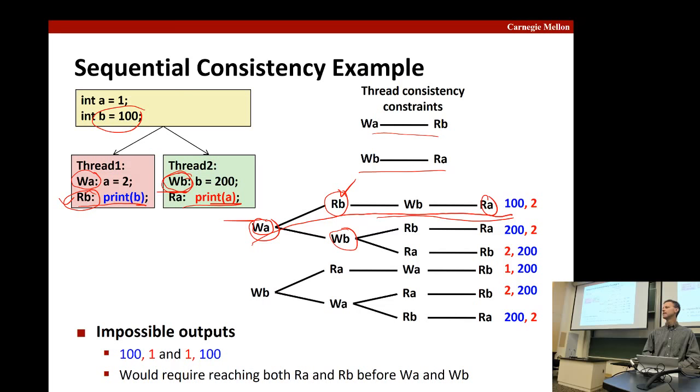Because write A or write B is going to happen first, no matter what, before the read of A or read of B. You can't get to at least one of these reads without touching at least one write. So before the first read occurs, at least one of the writes has to occur, and therefore you can't get the old values for both things. That's why you don't see any combination here where that plays out.